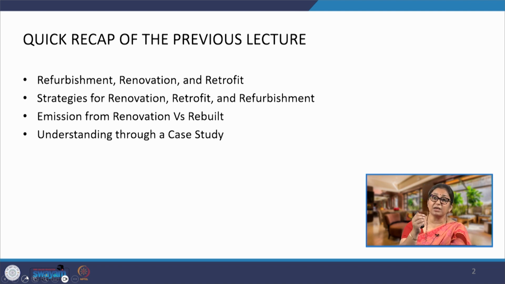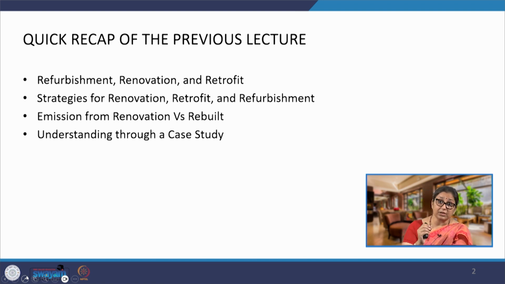Scope 1 is where we are talking about, say, the refrigerants, the leaks that are happening through the HVAC system, or a direct combustion process for cooking or for some other process. In a lot of the buildings that we will see today, we will find that scope 1 emissions are usually very limited.